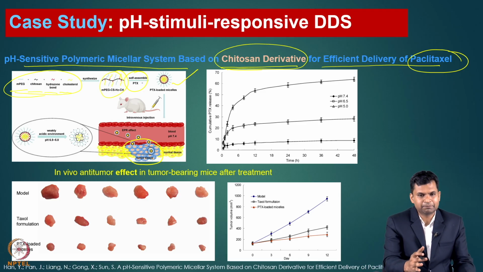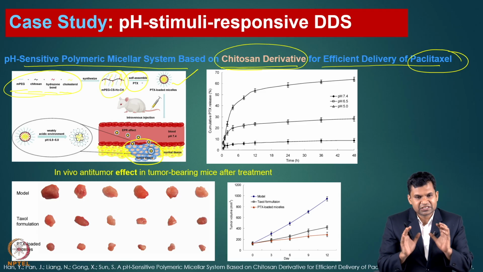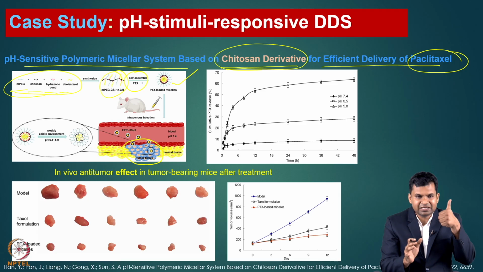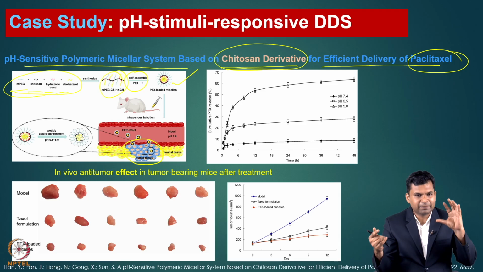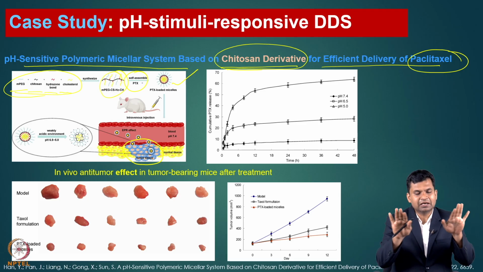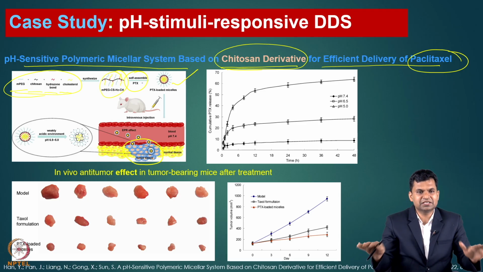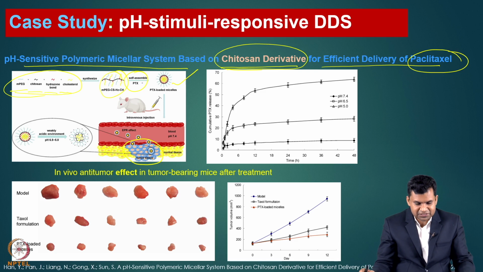That will help for the release of the molecule in the tumor environment. So, first it will reach the target by passive targeting, and after that it will release at that particular pH. Passive targeting with pH sensitive release is called a multifunctional targeting system.